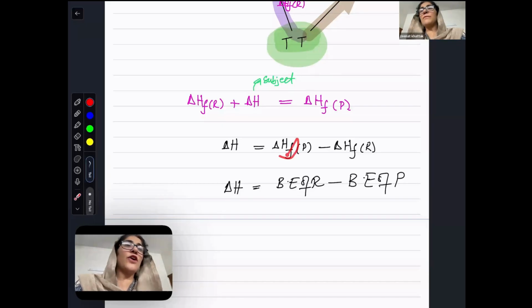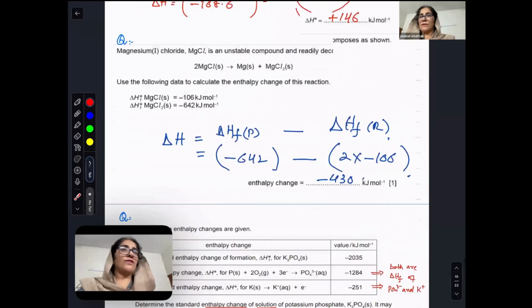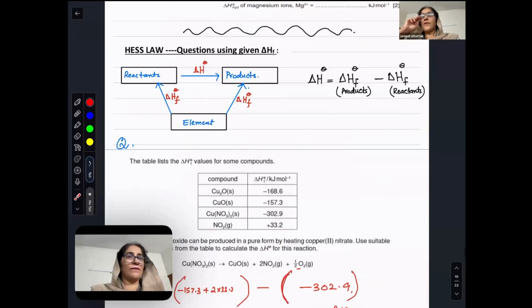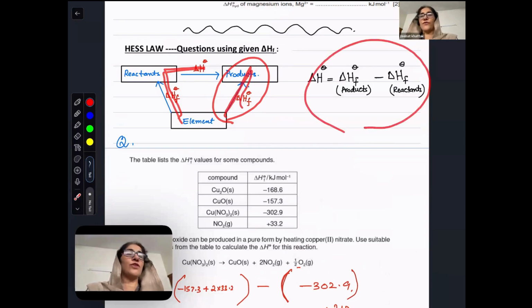But if it is formation enthalpy, that is product minus reactant. Look at this, there are some questions that I have solved. Formation of reactant plus delta H is equal to formation of product, and this is your formula.